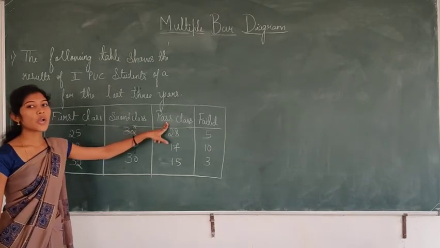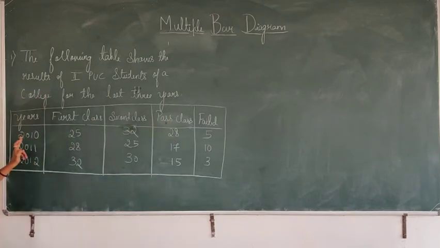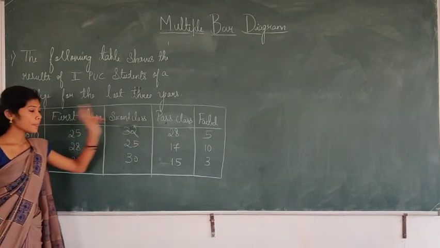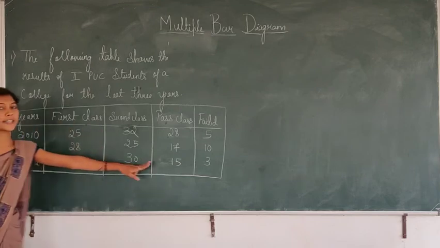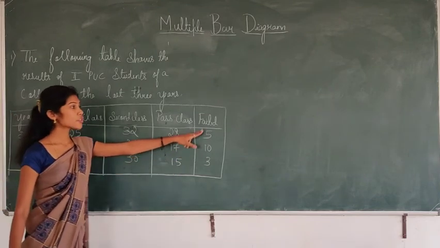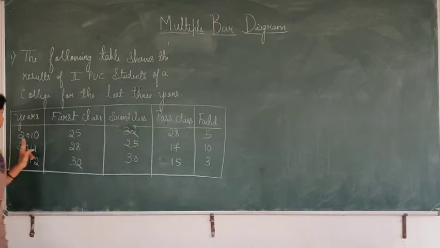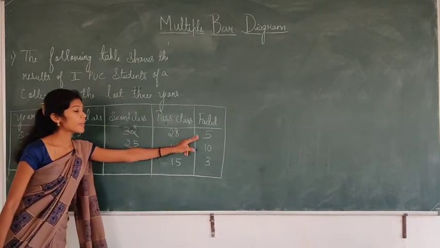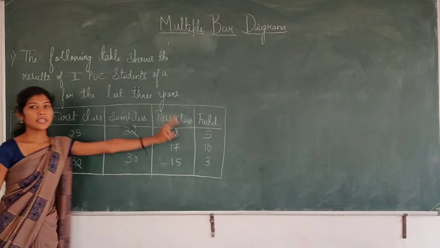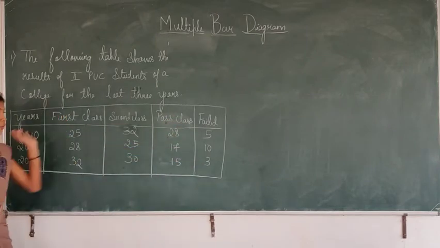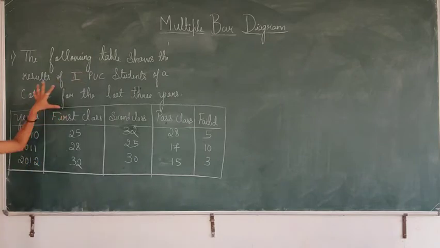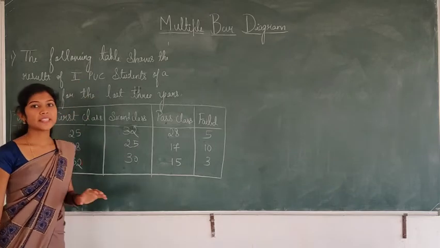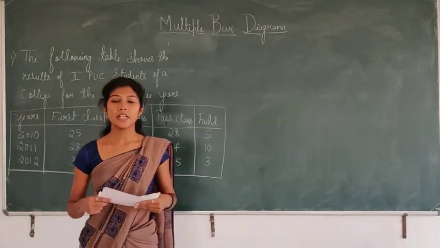Pass class for 2010 is 28, for 2011 it is 17 and for 2012 it is 15. Failed students in 2010 are 5, in 2011 it is 10 and in 2012 it is 3. Now, taking this information, we will draw a multiple bar diagram.